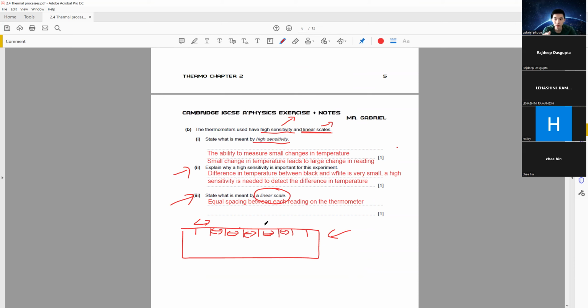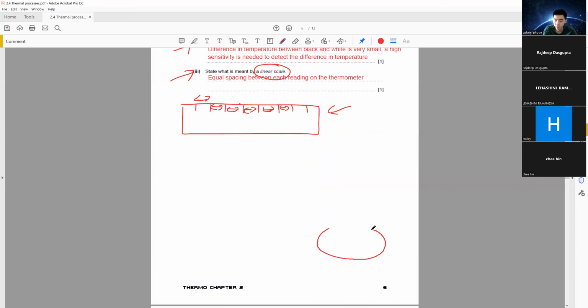This is what we want in a thermometer, because usually inside a thermometer we have these liquids known as alcohol or mercury. This alcohol or mercury will actually expand linearly with temperature. Let's say initially here is 0 degrees Celsius.